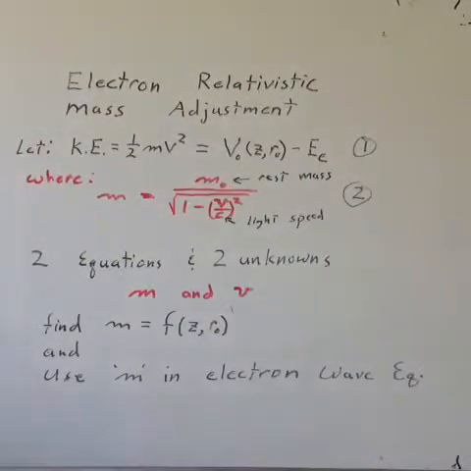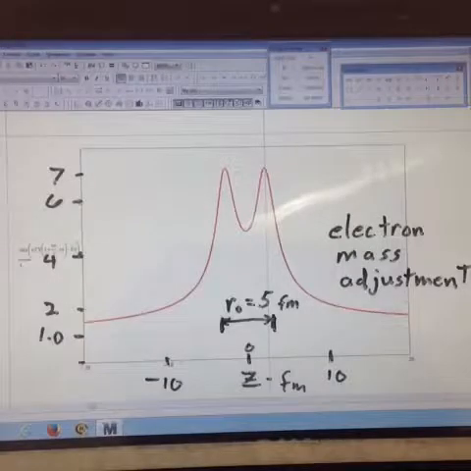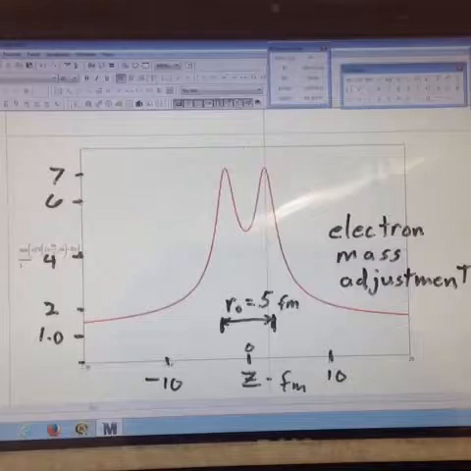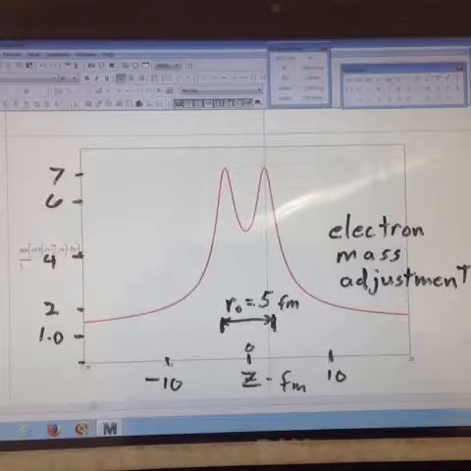We can calculate the relativistic mass increase along the z-axis. This figure shows the most dramatic relative mass increase of the electron by a factor of 7 in and near the two deuterons when they are only 5 Fermi apart, just before fusion.